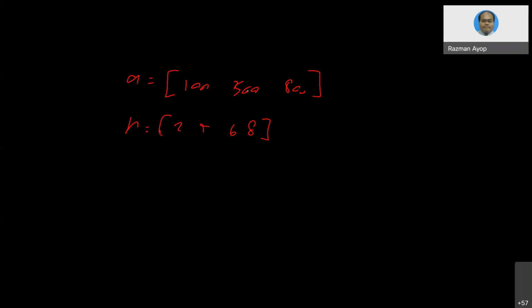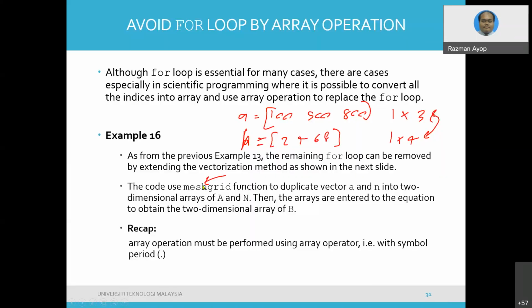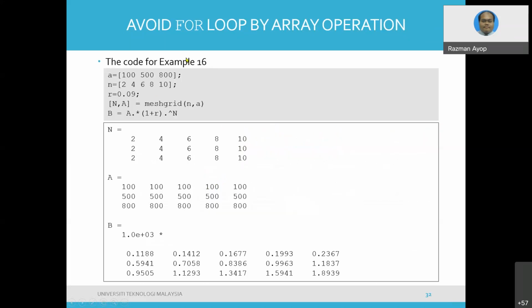So because you want everything to be multiplied to everything using array operation, so basically you create something like this: 100, 100, 100, okay, never mind. I will just show you in the programming.